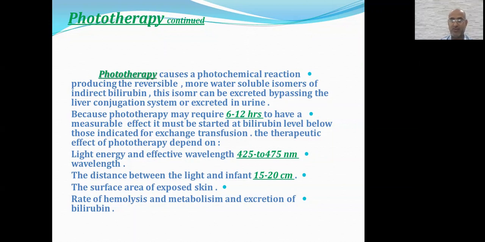Then, for the newborn, we have different types of phototherapy: a simple phototherapy and an extensive phototherapy. Extensive phototherapy gives light exposure to the whole body, from all areas, from below and above.